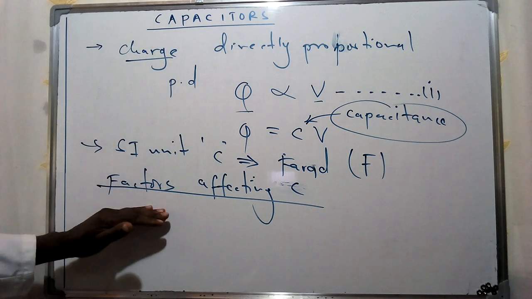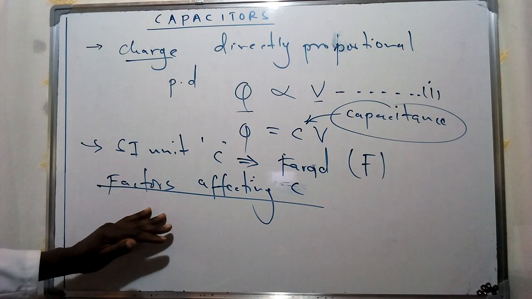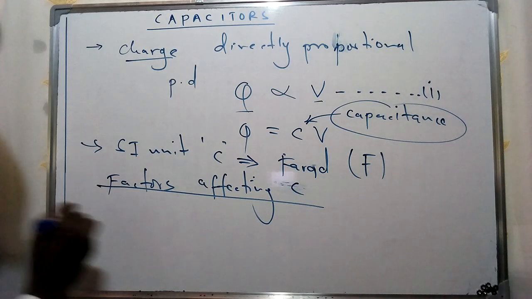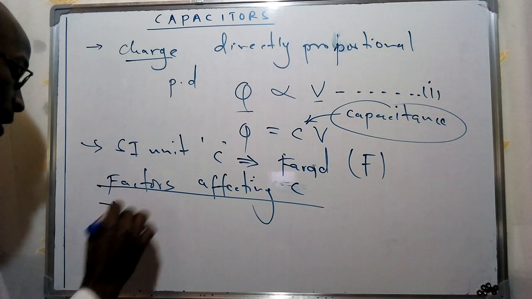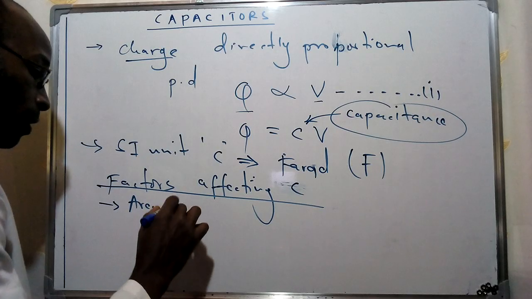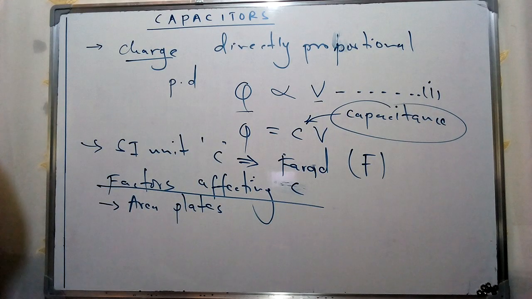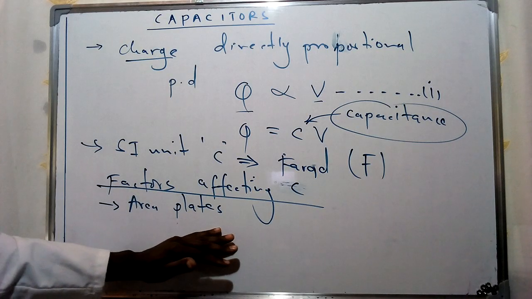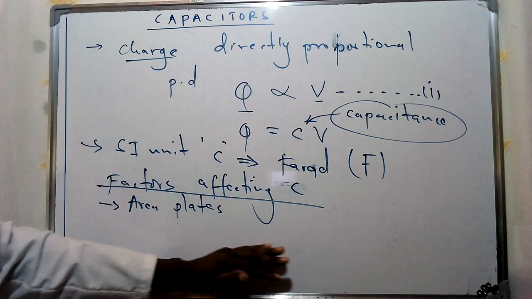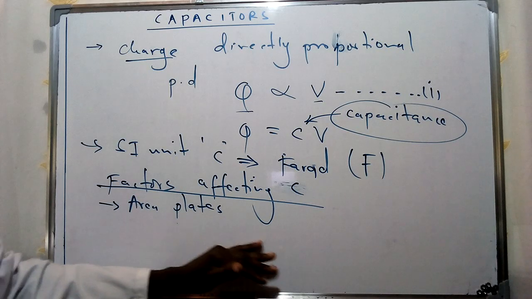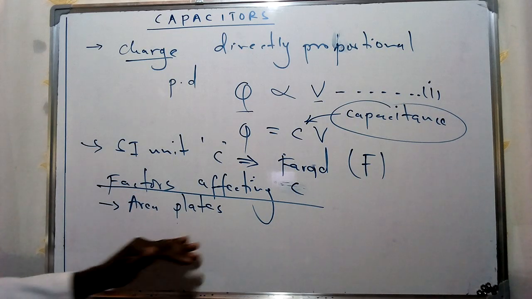There are a range of factors which we're going to consider, which are going to affect capacitance, and the first is the area of the two plates, basically the positive and negative charged plates. We're going to see in this case that the larger the plates, the more field flux, and therefore that's going to give a field force.